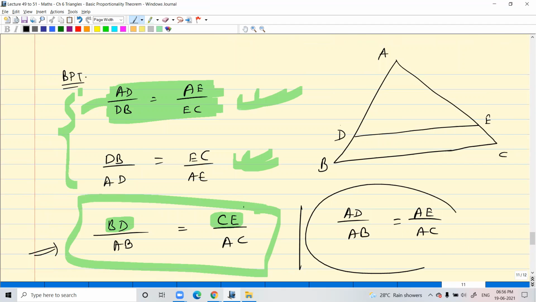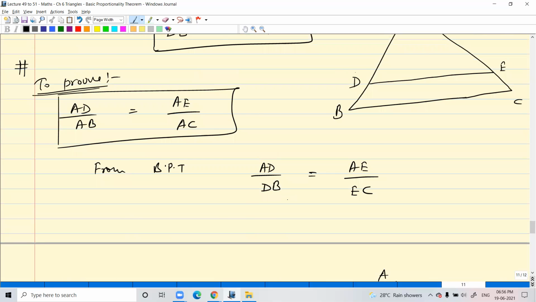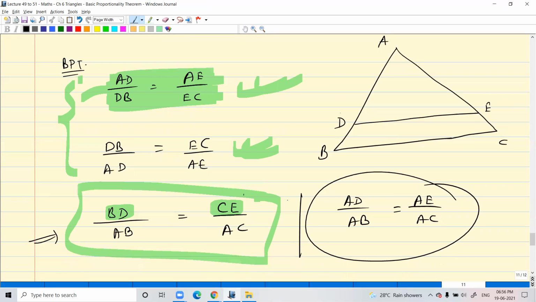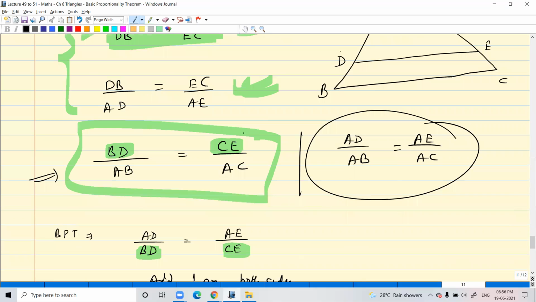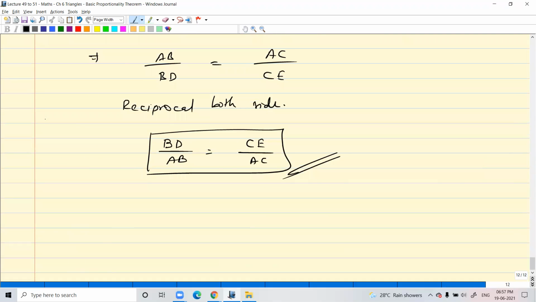Same way we can arrive at this also. I think this is the one we did earlier, right? AD by AB, AE by AC, with EC, we did that. So we have derived all these things. This one also, this one also. These two are anyway directly coming from BPT. So remember, these things you have to remember.